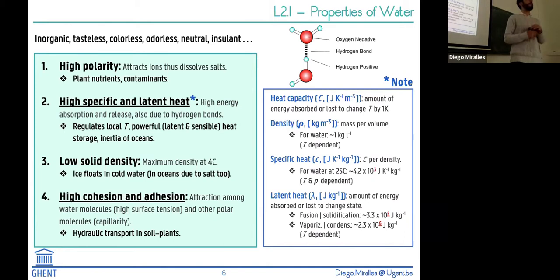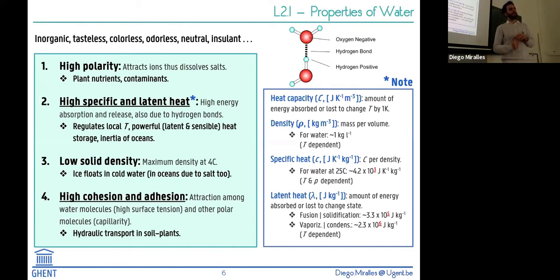The energy that is taken to melt is the same energy that is released later when the liquid turns into ice again. So the latent heat of fusion and solidification is the same, it just works both ways, it's symmetric.